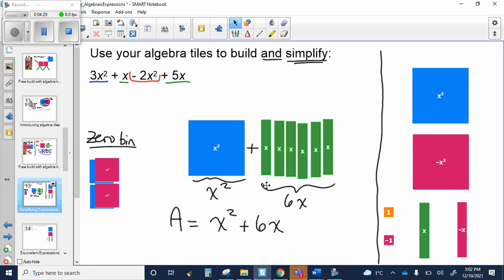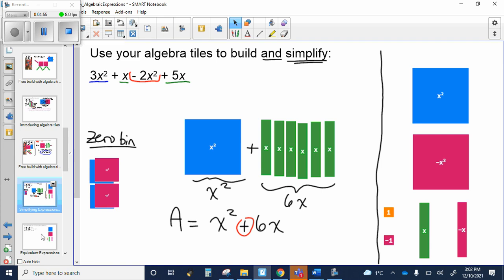There's the answer. Sometimes students will try to add these together, but you can't, because an x squared tile is a completely different area than an x tile. That means they're not like, and therefore you cannot combine them. That's just an algebraic rule.